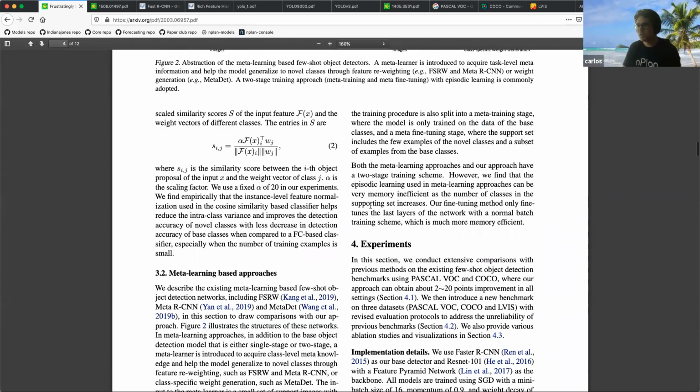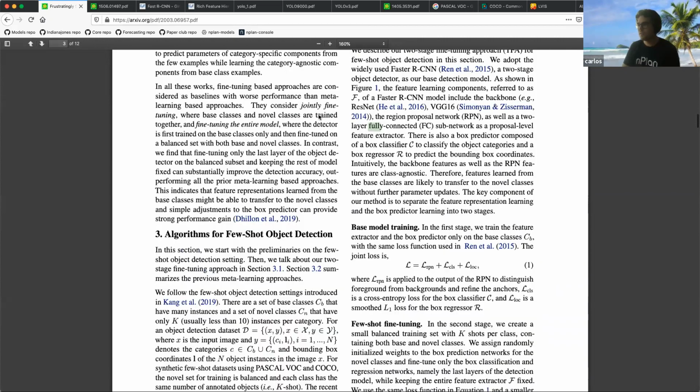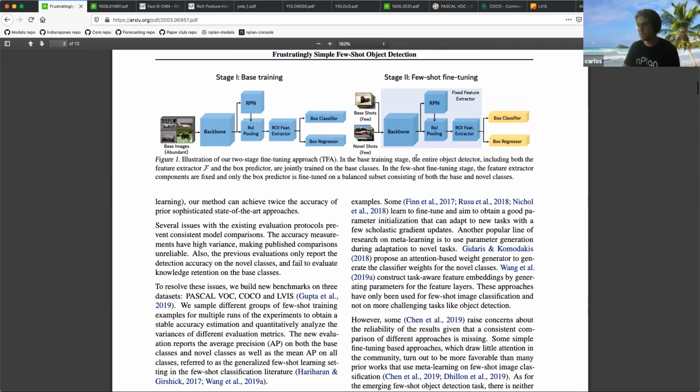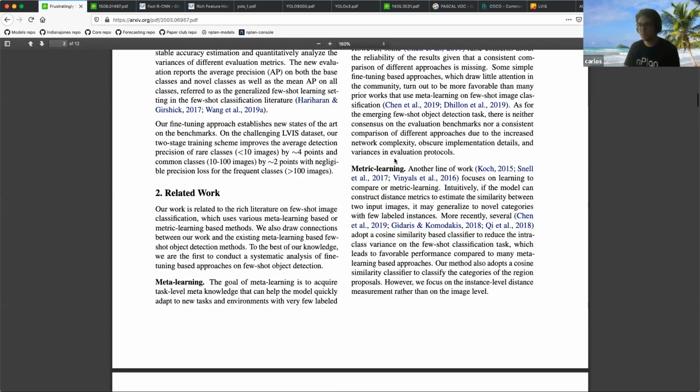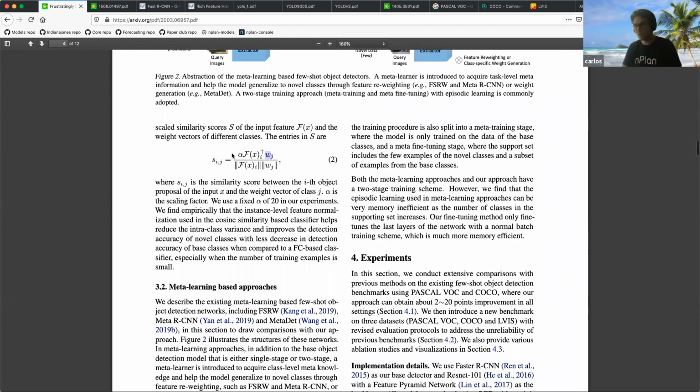So maybe we can look at the cosine similarity. The only funny thing in the cosine similarity is that if you think of this box classifier here, it is a cosine similarity with trainable weights. What this is going to give you is the similarity between one example that has gone through the whole network in feature space, and some learnable weights that you can use to train your network.